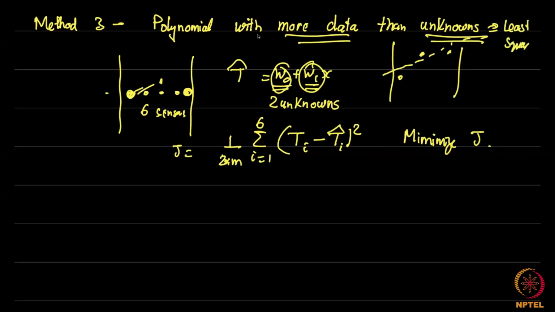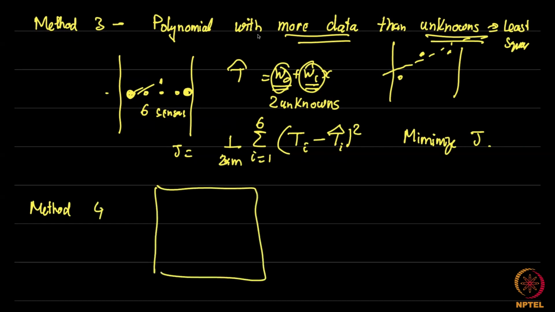We can do the same thing with method 4. Suppose I have a neural network and I have 100 data points once again, 1, 2, 3 up to 100. And let's say the number of weights in the neural network, or in the hypothesis function I chose, was, let us say, only 50.